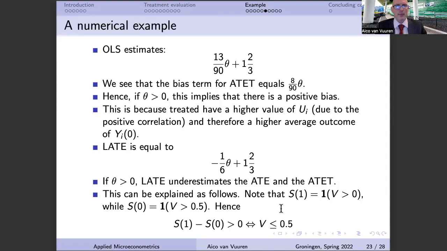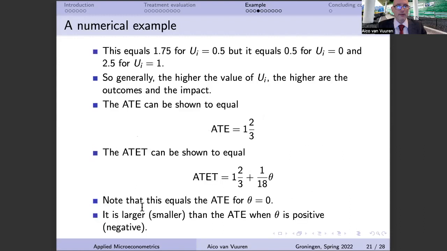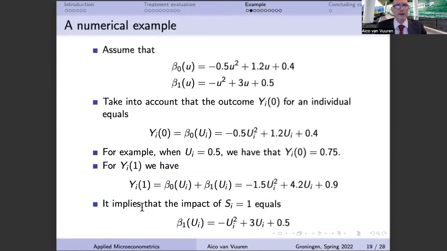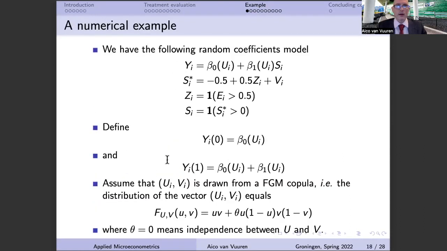This can be explained by the fact that we should realize, at the moment that we look at S1 and S0, what they are. They are defined over here, of course. What is S1? S1 means that for Z equal to 1, phi should be larger than 0.